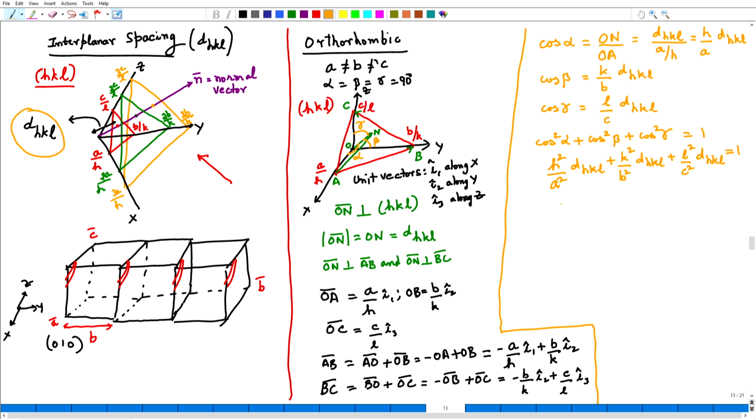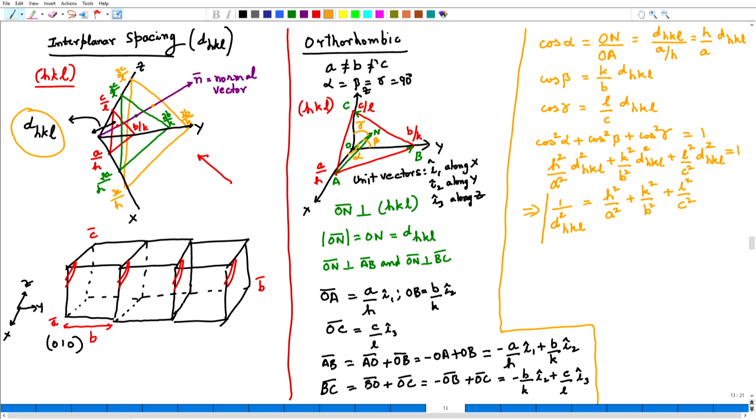In fact, the d_hkl will also be squared. Rearranging the terms, I get 1 upon d square hkl equals h square upon a square plus k square upon b square plus l square upon c square.